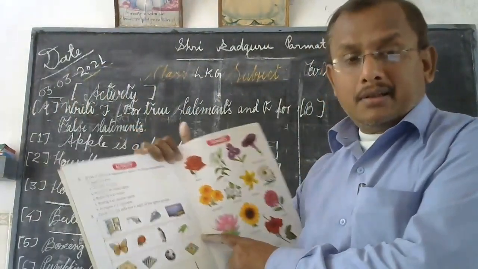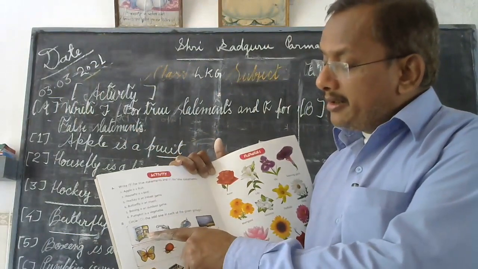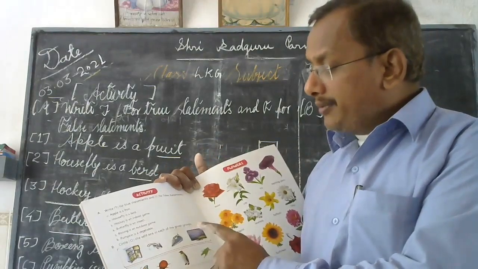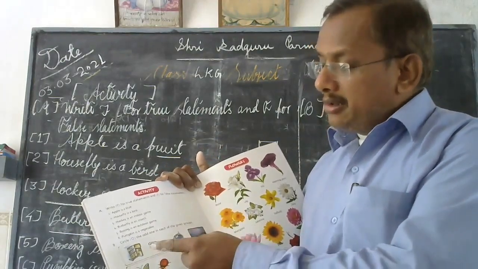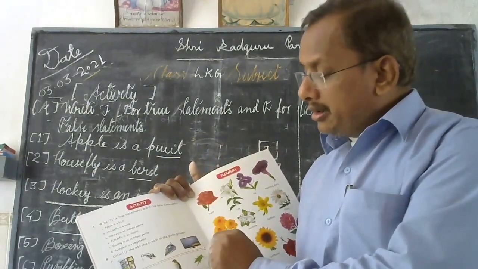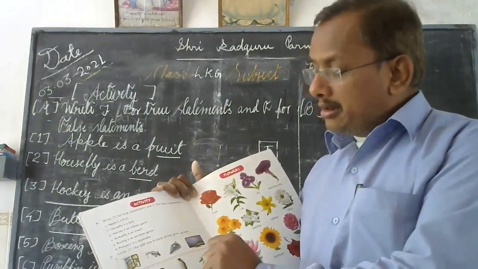First series: look here for the odd one in each of the given groups. Almirah, iron, television.